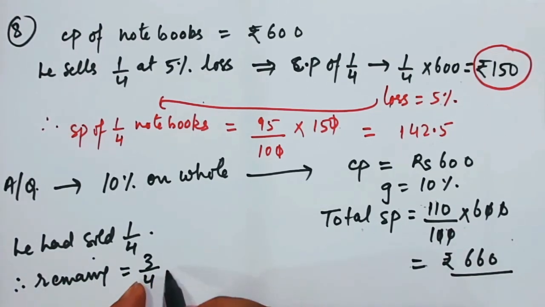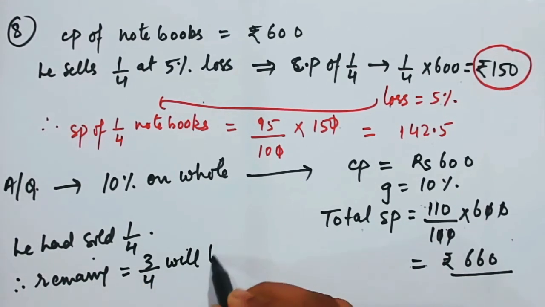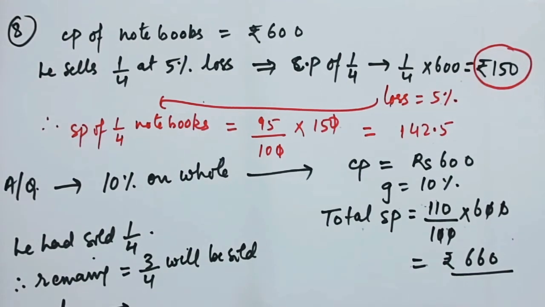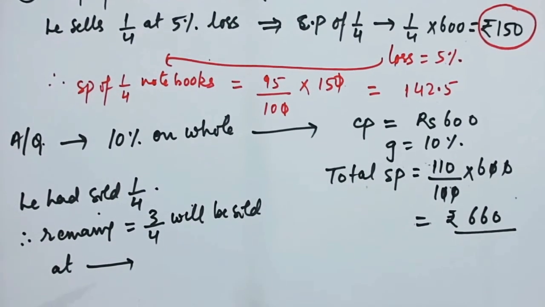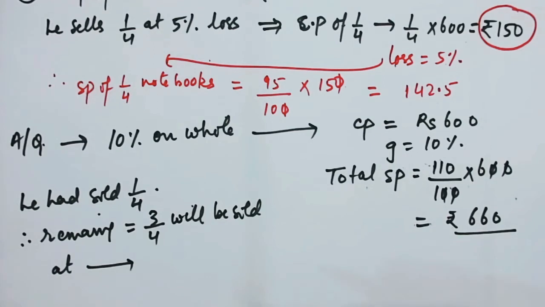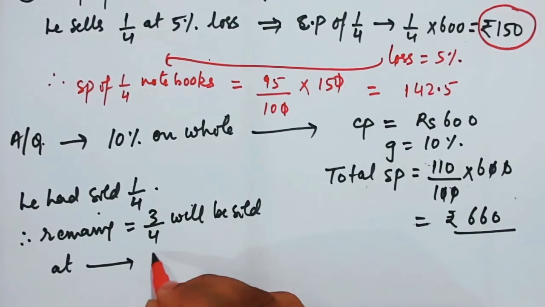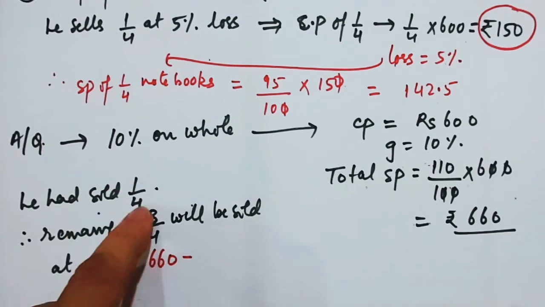So remaining 3/4 will be sold at how much? You can see over here, this is the total selling price, 660, and he had sold 1/4.